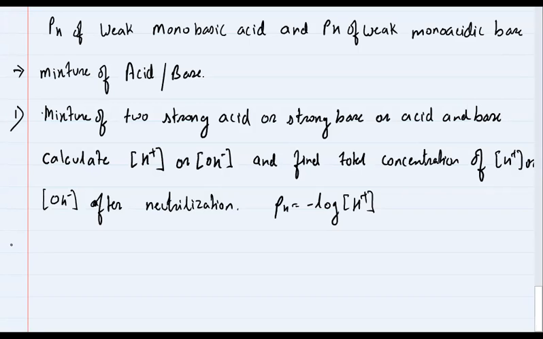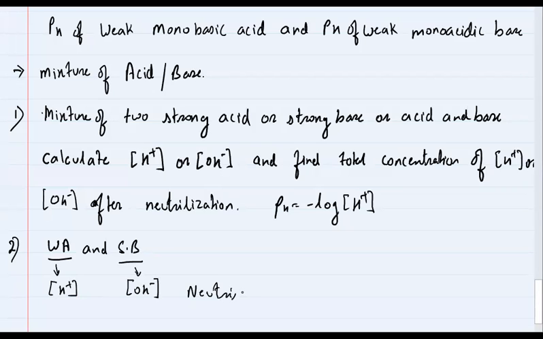Second, weak acid and strong base. If you have a weak acid and strong base, what will happen? Calculate H plus from the weak acid, calculate OH minus from the strong base, and neutralize.